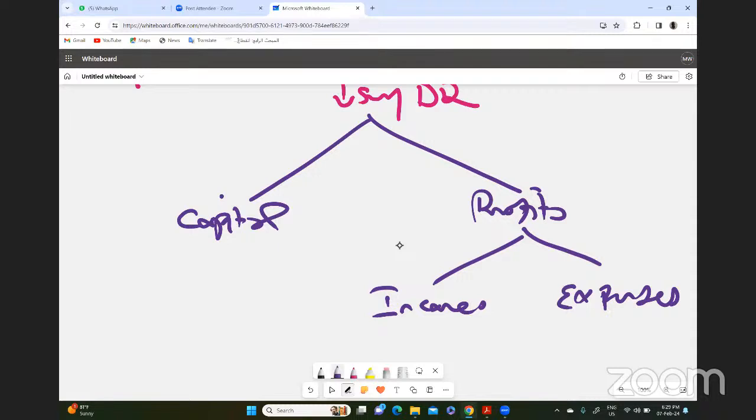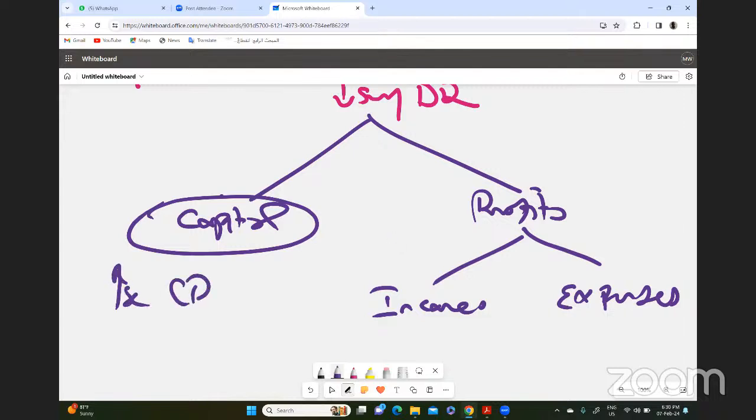But before I even go to profit, if capital increases equity, and equity increases by crediting, then even capital increases by what? By crediting. Are we together?